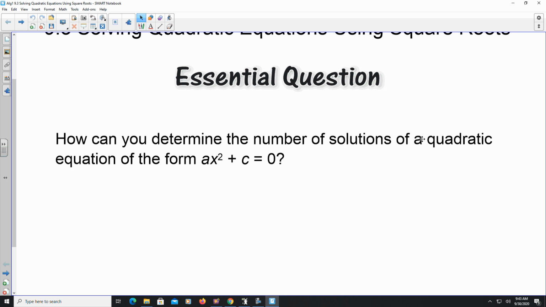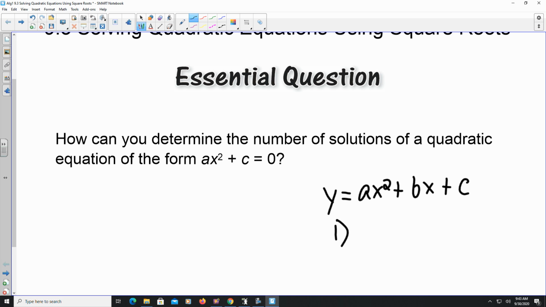To be clear, the general equation was y equals ax squared plus bx plus c. The first thing that we looked at in 9.2 was we were able to determine what the x-intercepts were by looking at the graph.